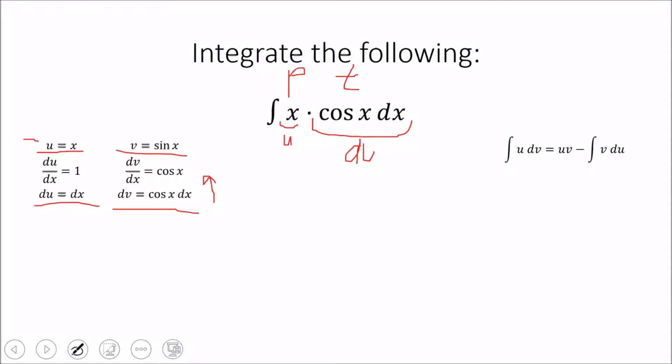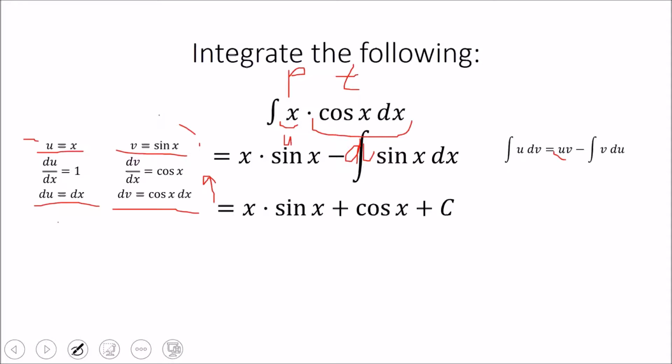And so here's the equation. So first we have u times v, and that from here on the left is already just x times sine of x. Then we subtract this big integral of v times du, so it's the integral of sine of x times dx from this and that.